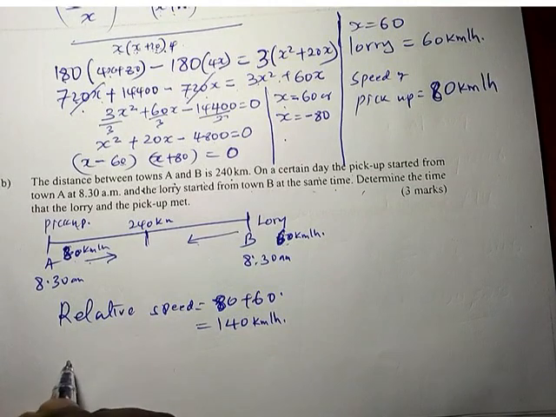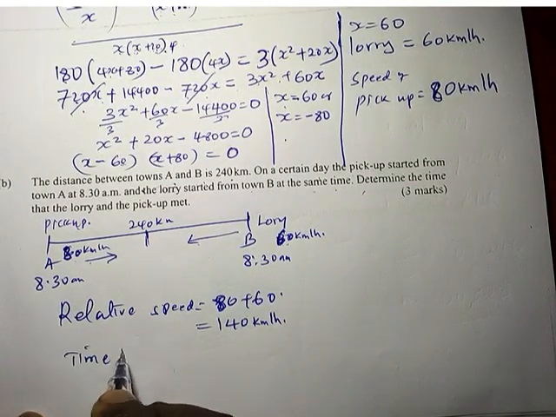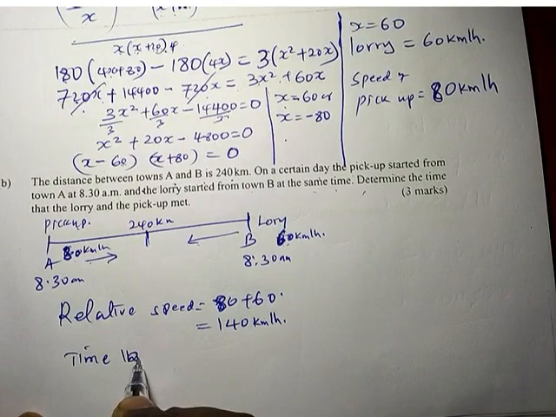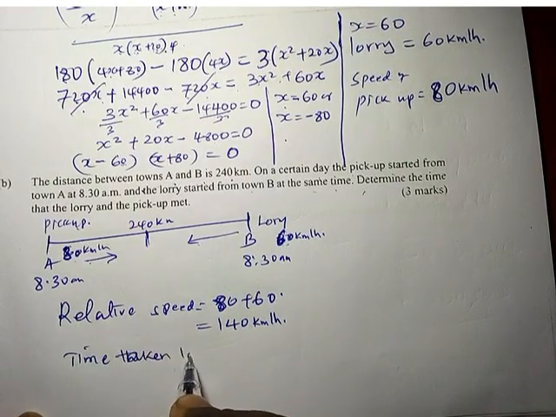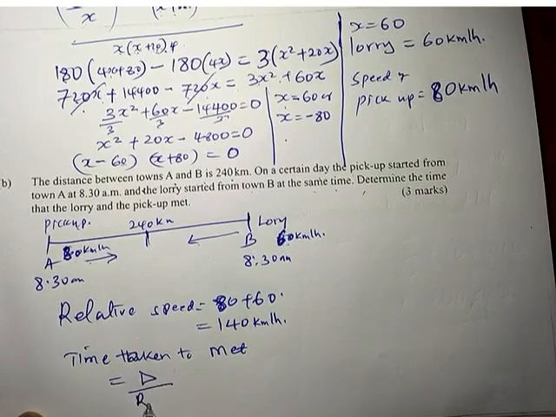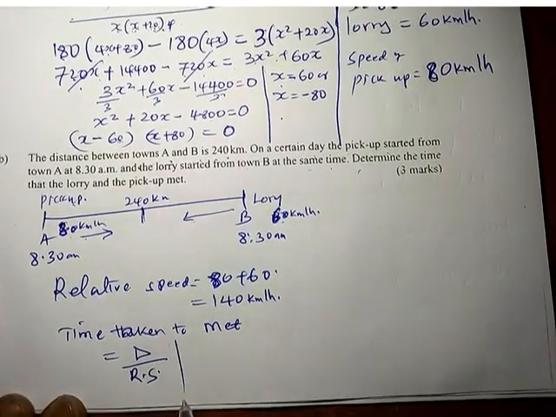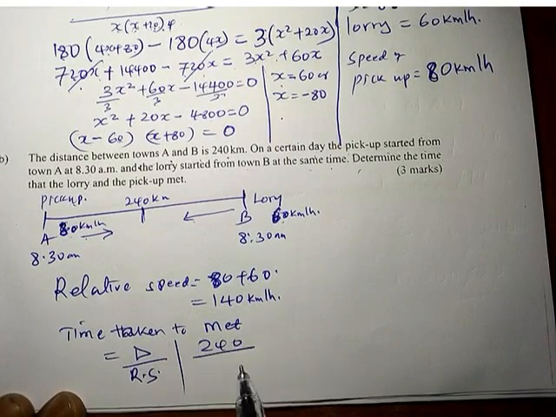So time taken to meet is equal to distance divided by relative speed, which is equal to 240 divided by 140.